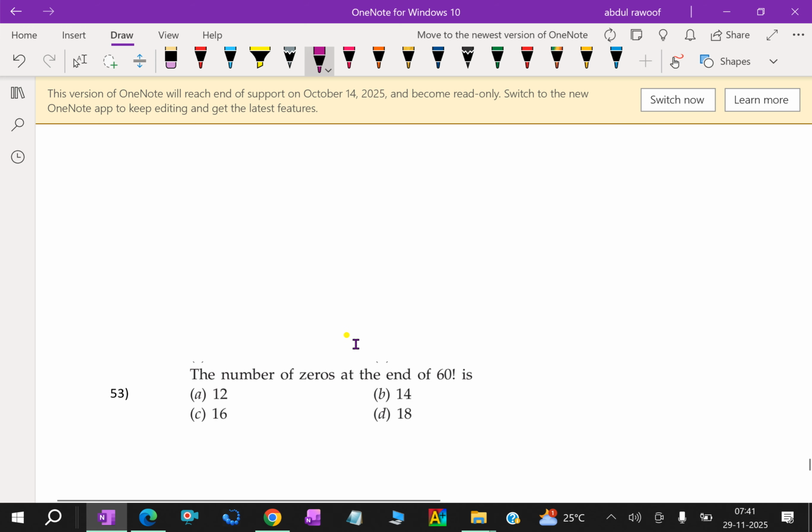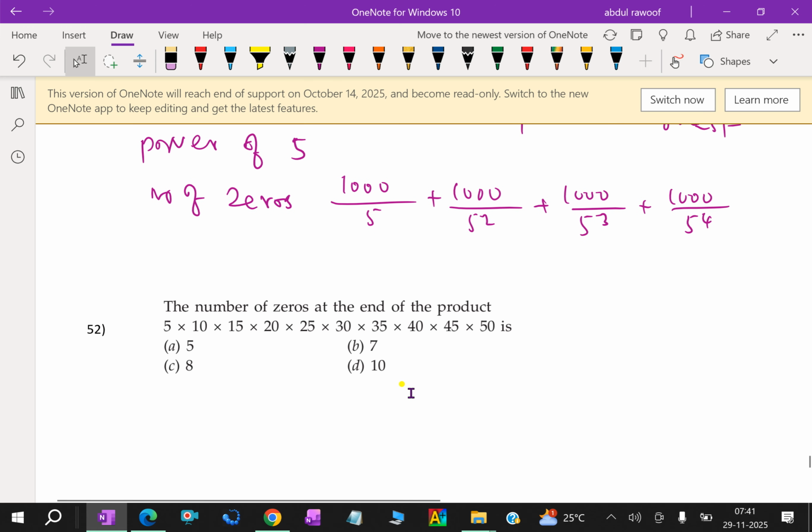Now, for this it gives 200, because 5000 by 25 is 200, so 40. Because 1000 by 25 is 40, plus 1000 by 125 is 8, plus 1000 by 625.